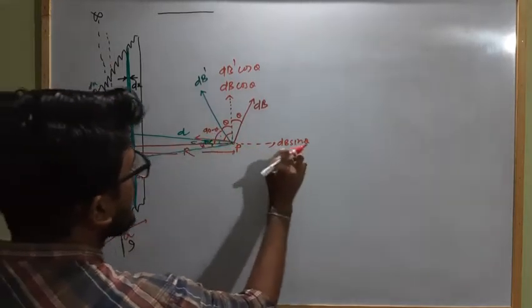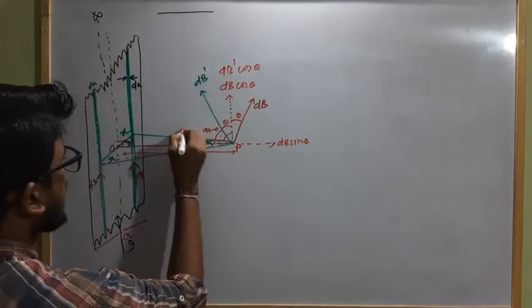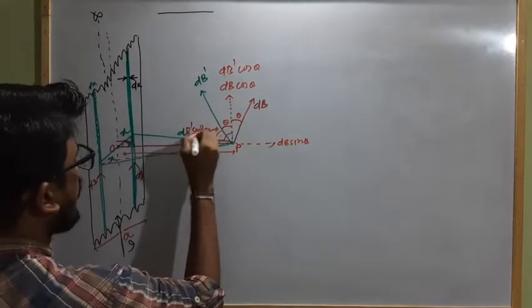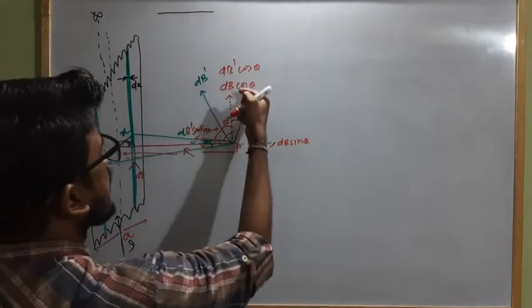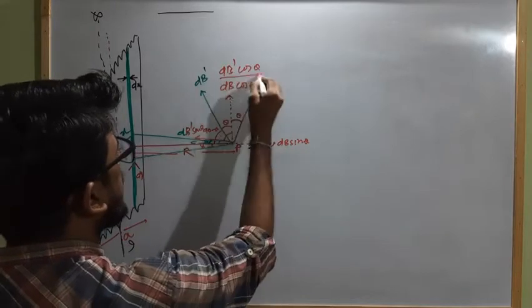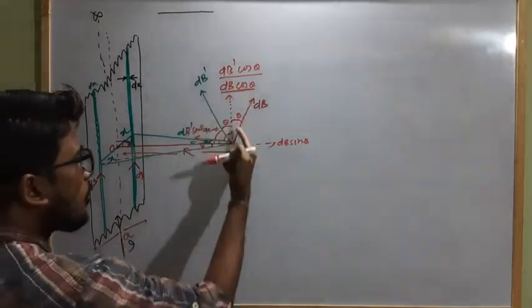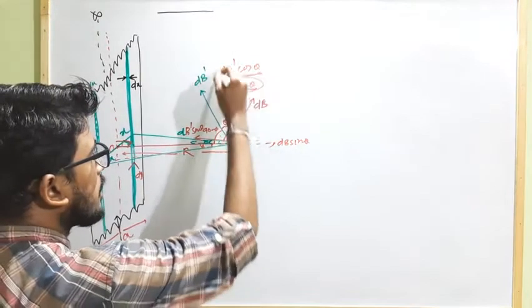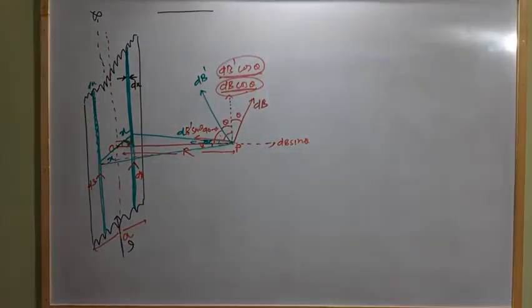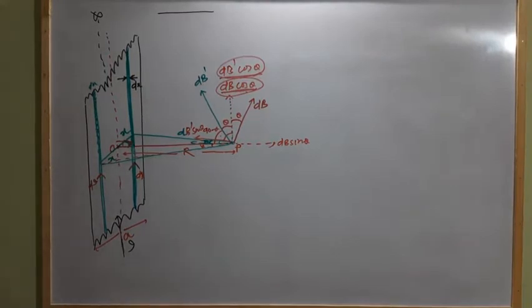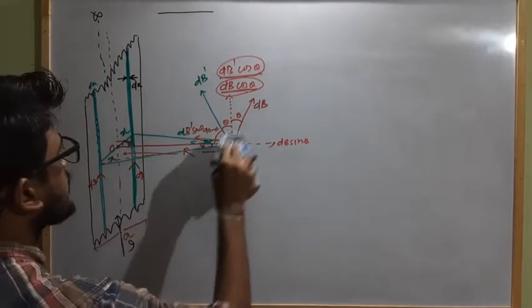So dB sin theta and dB dash sin theta will cancel, only dB dash cos theta and dB cos theta will be added up. So we have to calculate here only the vertical component, which is dB cos theta. Clear? Okay.